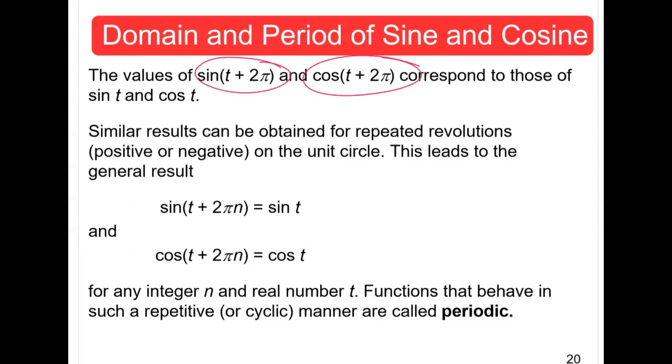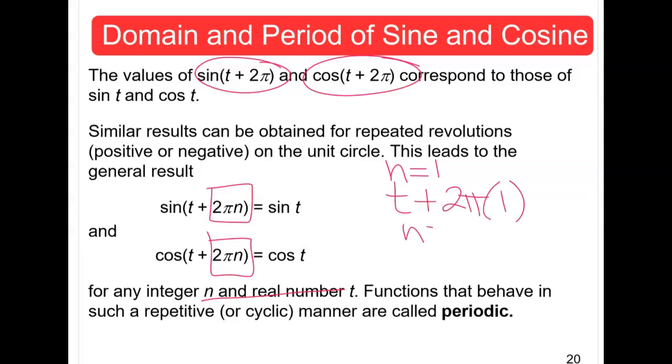And that would be just adding one rotation or one revolution, but we could continue adding rotations or revolutions, and we could go in the positive or the negative direction, and they will still be the same. So the n here is just a real number. So n could be, let's say, 1. If n is 1, we will have t plus 2 pi times 1.